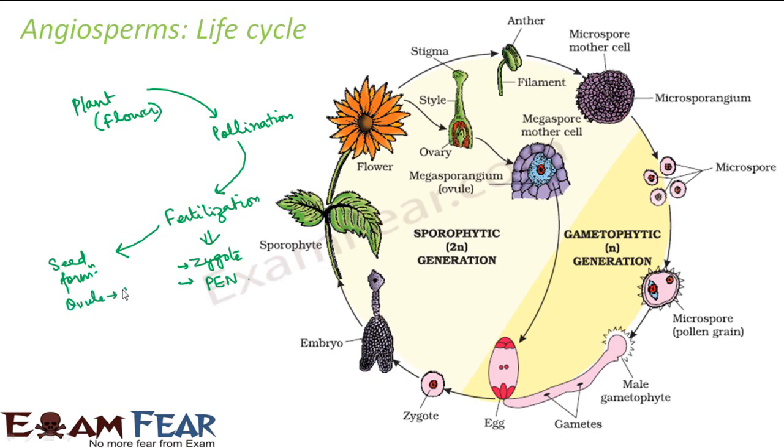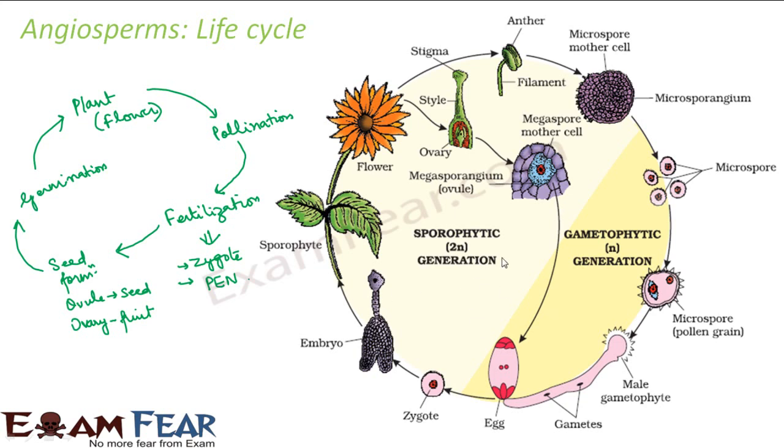So the ovule becomes the seed and the ovary becomes the fruit. Now, once the seed formation takes place, the seed will germinate to form a seedling, and then that seedling will grow to become a plant again. So that is how the cycle will take place.